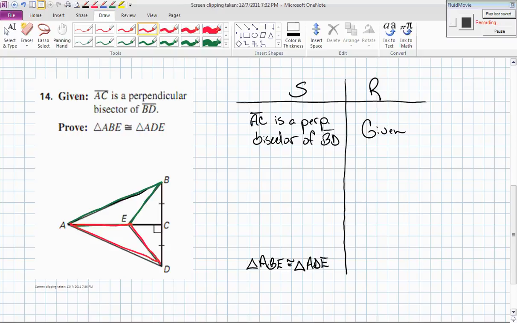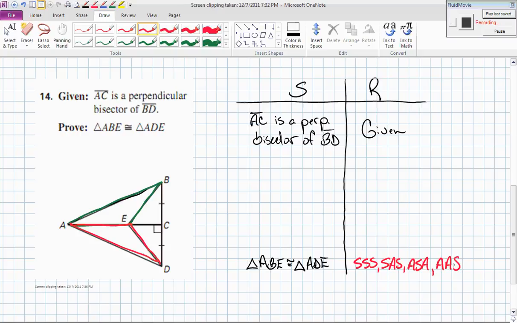Now hopefully you realize that to prove triangles congruent we need, in this case, 3 congruent statements, because these are not right triangles, at least the 2 that we're trying to prove congruent are not, so we can't use hypotenuse leg. So we have to either use side, side, side, side, angle, side, angle, side, angle, or angle, angle, side.